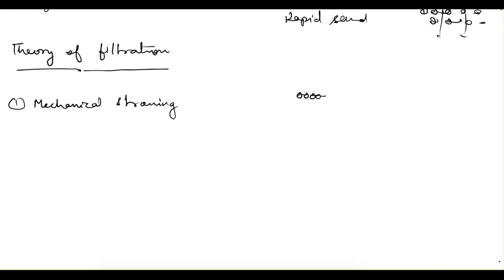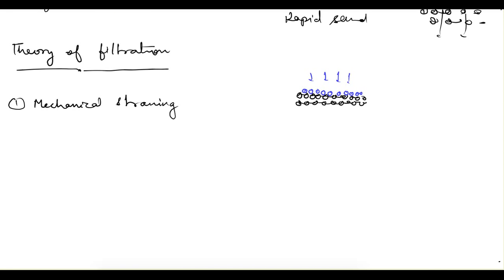Let's say this is our filter bed, which is made up of sand particles. Now in this incoming water some impurities will be there whose size is greater than the size of the voids between the filter material. Obviously they will be retained on the surface of this filter material and the water will become clearer. That is mechanical straining.